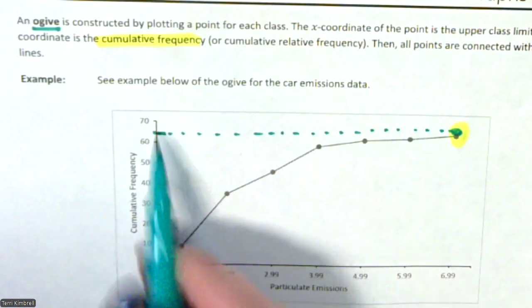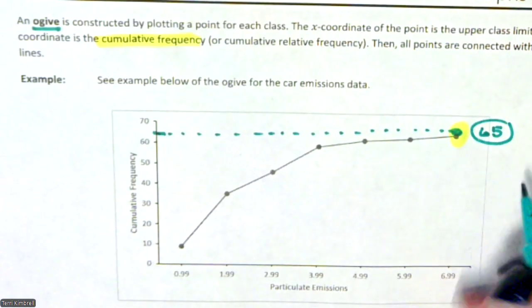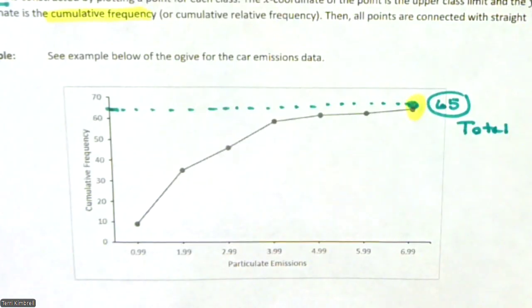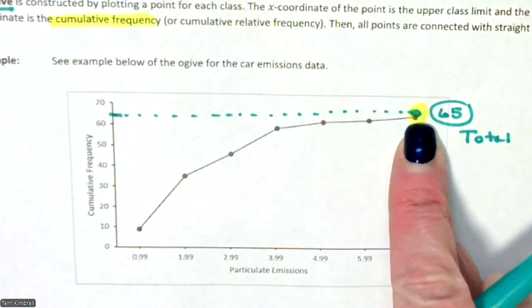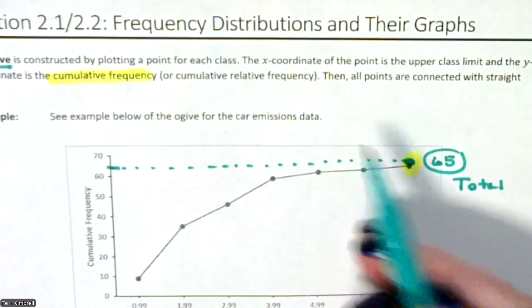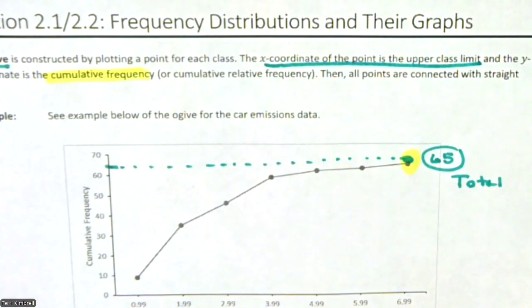And you can kind of see that's around 65, like we got. So that's going to be your total. So if a question asks you about the total, that's going to be in an ogive because it's a cumulative frequency and it's going to occur at the end point right here. Okay. So when you look at that, the x coordinate, if it asks about this, that's going to be your upper class limit. So those are your upper class limits.